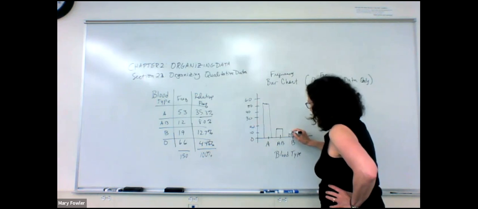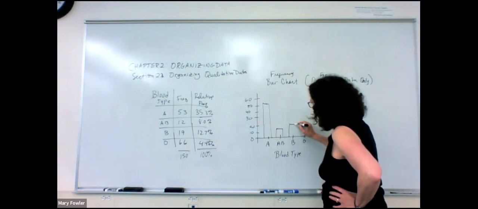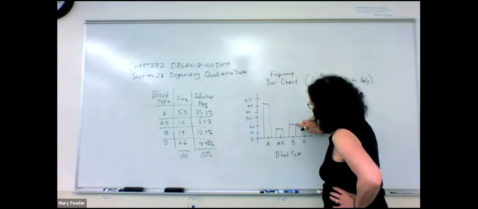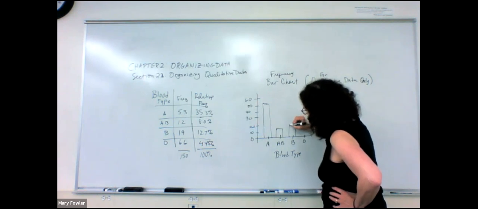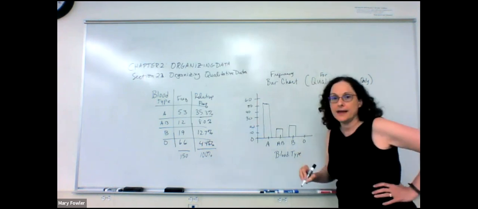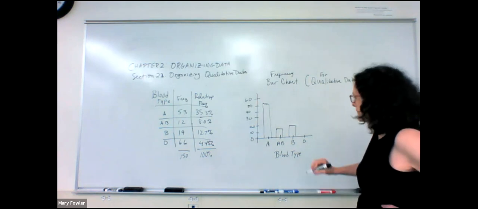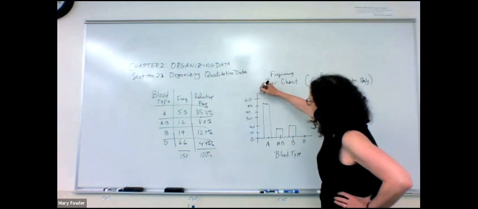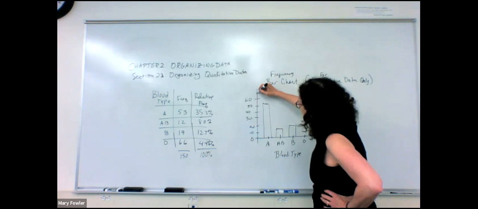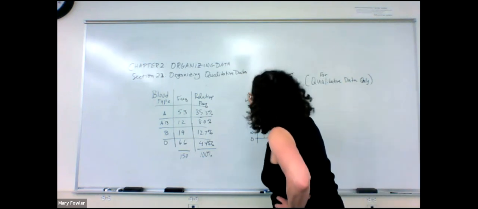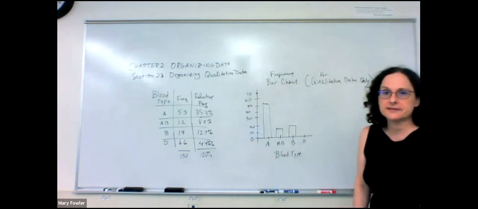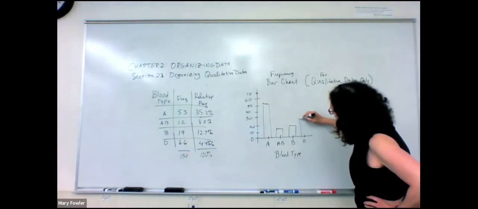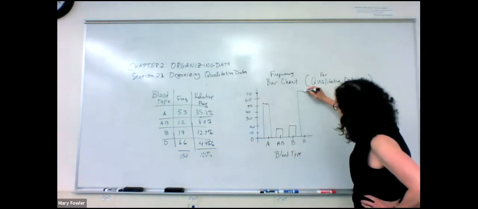B is 19. And O is 66. Oh, I didn't make my axis big enough, so let's go ahead and add another tick mark up there at 70 and bring it up to 66.